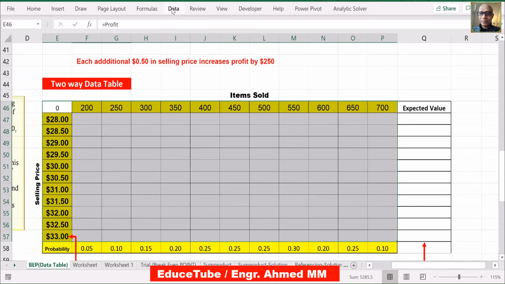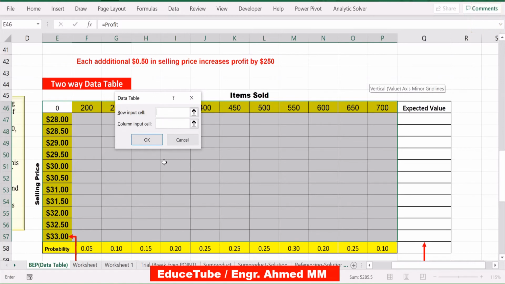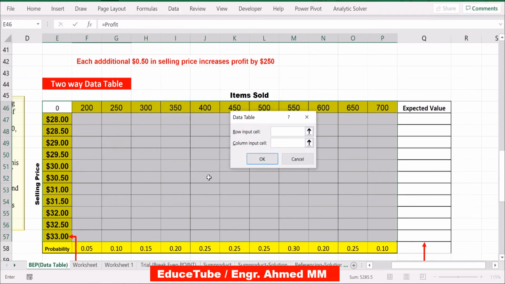Now like before, we have to bring the data table. Okay, so we got the data table. Here is one important thing: we have to use both cells, row and column. For this row we have to select items sold, for this column we have to select selling price.